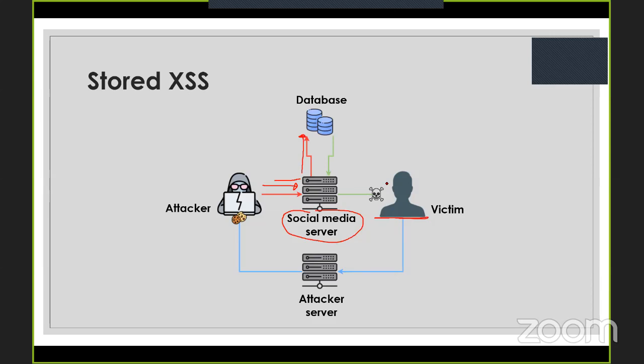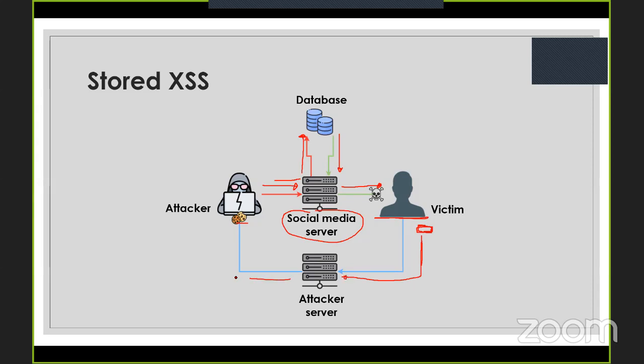the server will fetch the data from the database and then pass it to the victim. So the page will contain the JavaScript code, and the victim's browser will execute the JavaScript code, and maybe it steals the cookie, and then sends the victim's cookie to the attacker's server.